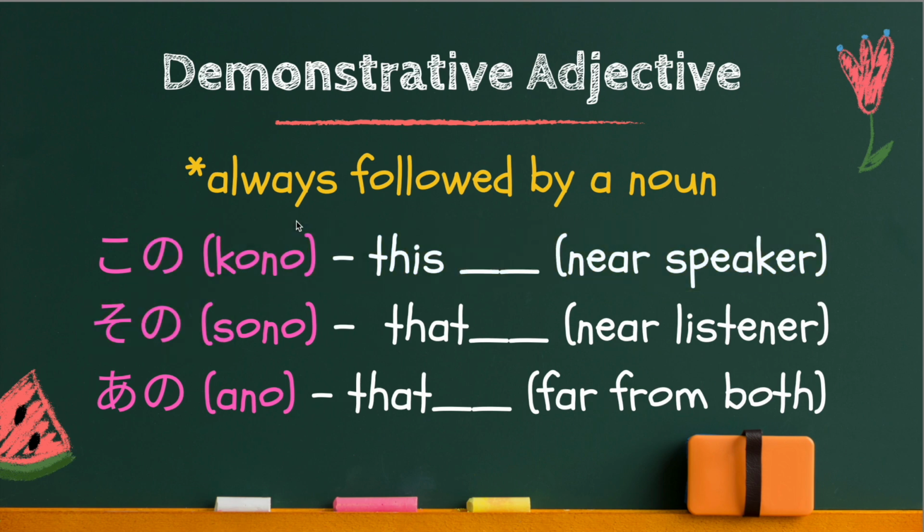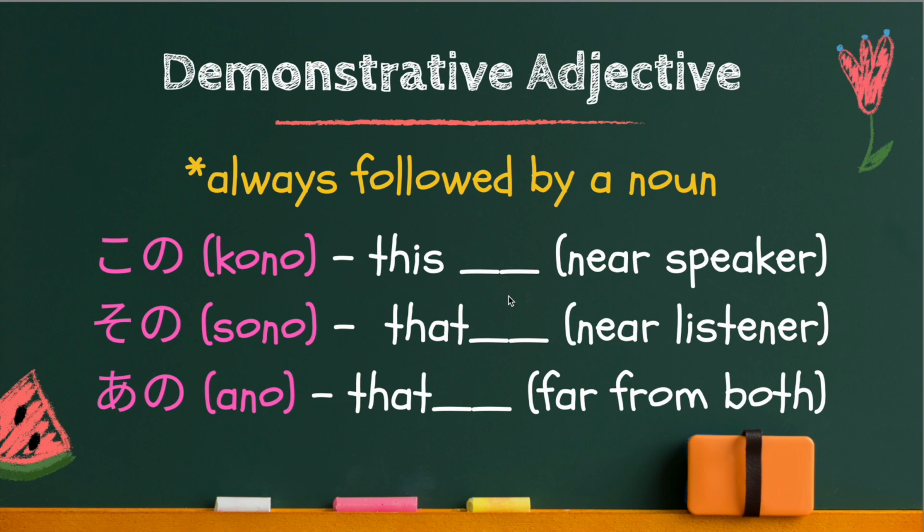So you need to be more specific about what you are pointing at. For example, この means this something. You can use この when you talk about something that is close to you, close to the speaker.